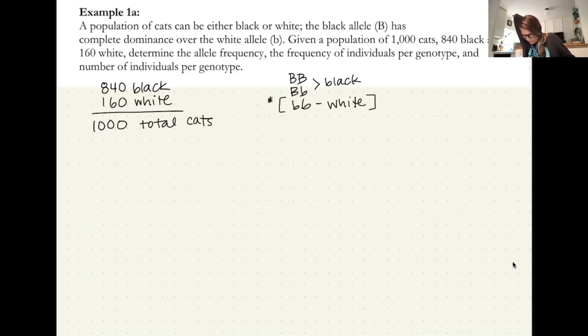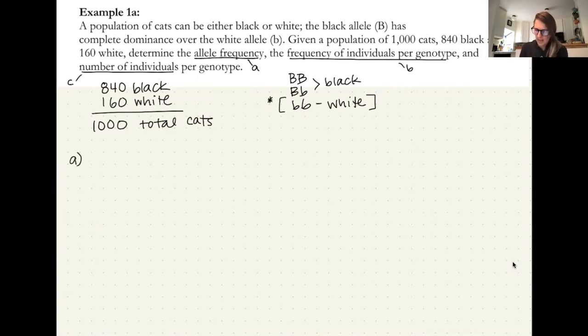All right. So given a population of 1,000 cats, we're going to be looking for the allele frequencies, the frequency of genotypes, and the number of individuals. I'm going to call these A, B, and C so we can walk through this.